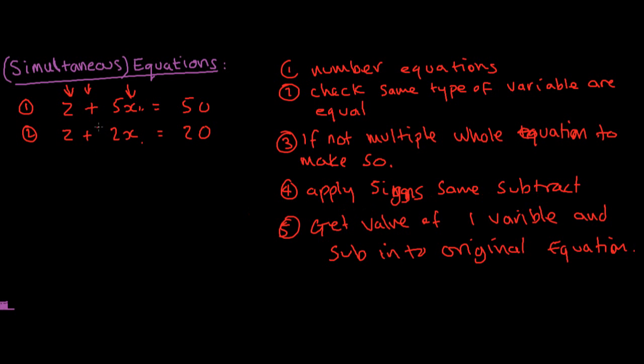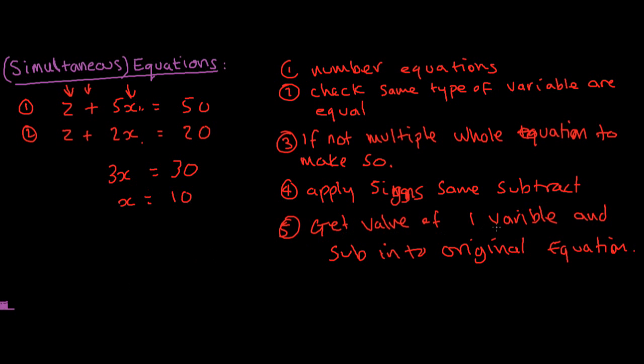These signs are the same, so we subtract them, smallest from biggest. Okay, so z take away z, that's 0z, so we've cancelled those variables out. That's the whole point of doing this. And 5x take away 2x gives you 3x, equals 50 take away 20, which is 30. So x equals 30 over 3, which is 10.